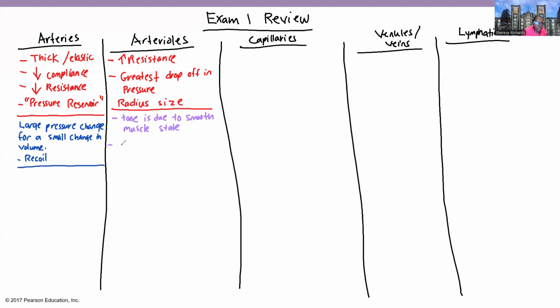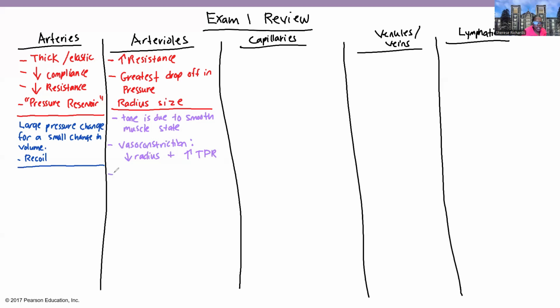So vasoconstriction is going to result in decreased radius and increased total peripheral resistance. Vasoconstriction means radius gets smaller, resistance increases.